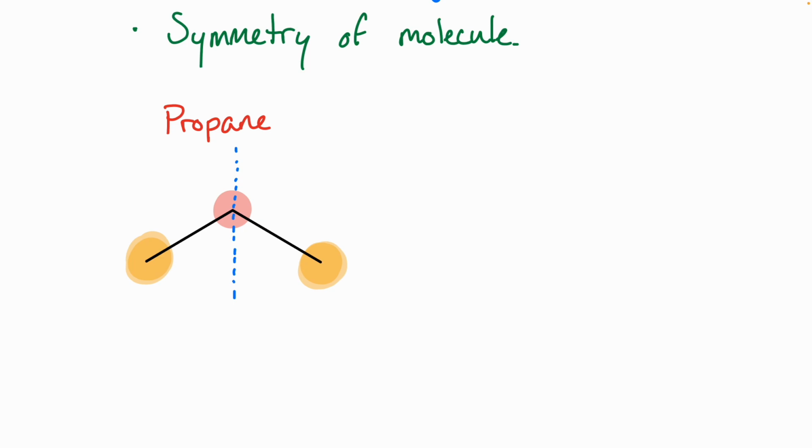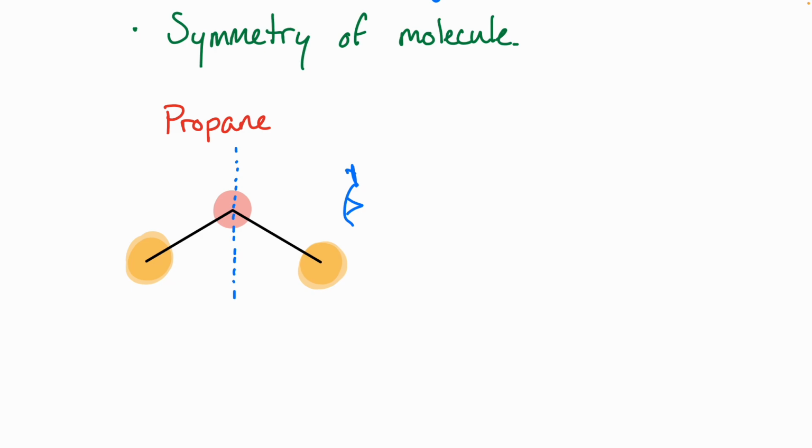If we are standing right here, looking this way, that carbon over here looks exactly the same as if we were to instead stand on this one and look this way. That's an eyeball, believe it or not.